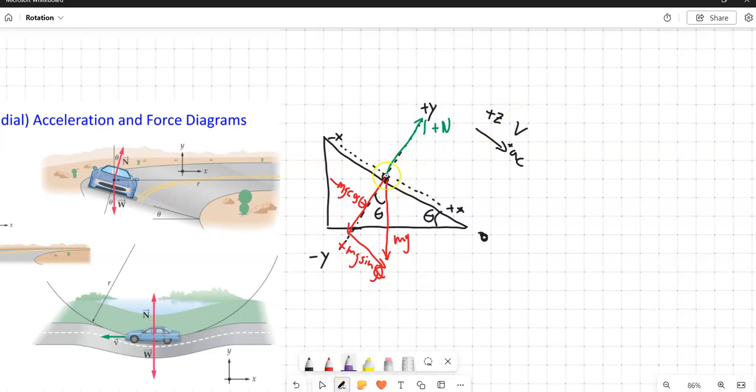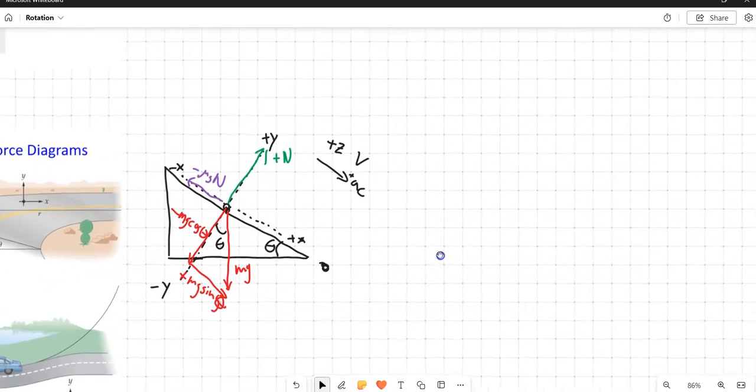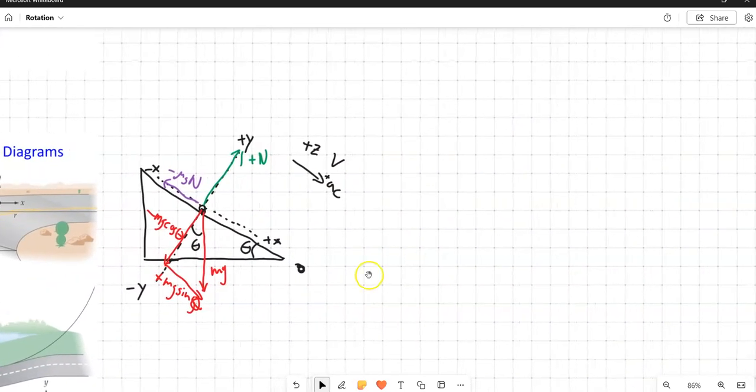Well, basically you're going to have a static friction force keeping it from sliding down the track. And that static friction force has to balance out with this mg force, and that's centripetal acceleration. So this is going to be a negative x direction static friction force. Okay, that's what's holding it up the ramp.